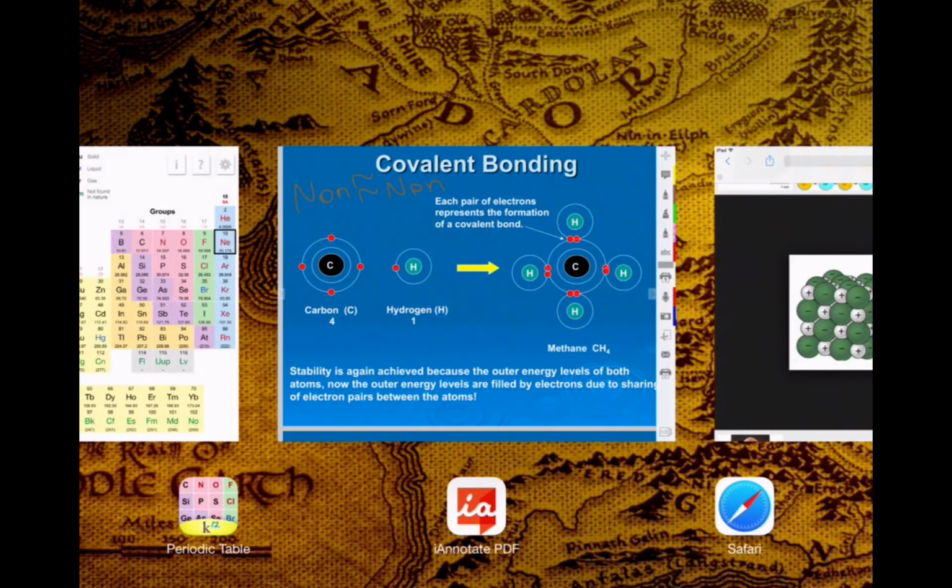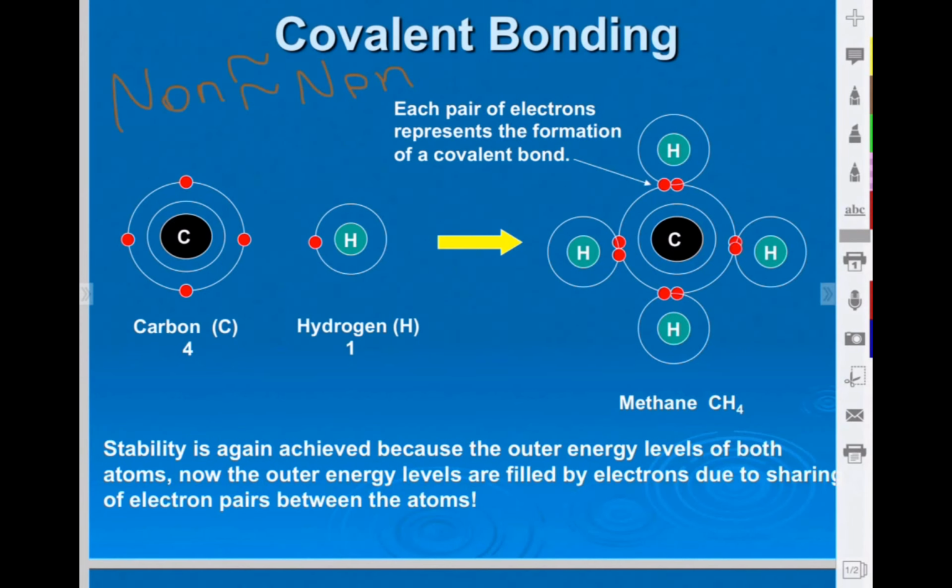I digress. Let's see what that looks like. So here's your covalent bond. The sharing, and I'll just circle them right here, makes everybody happy. You see, hydrogen only has 1 orbital, 1 sort of electron orbital around the outside. It can only hold 2.